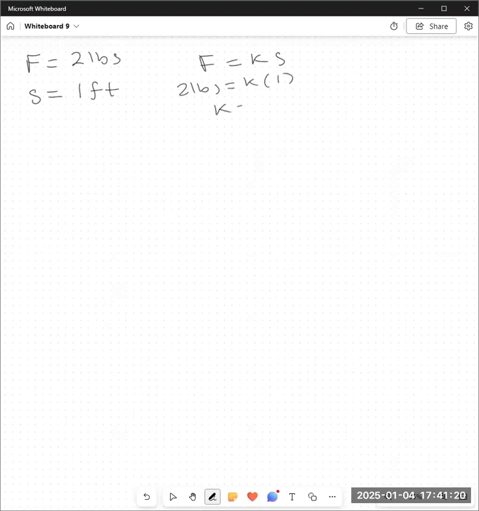So k equals 2 pounds per foot. A mass weighing 3.2 pounds, so that is going to be 0.1 slugs.